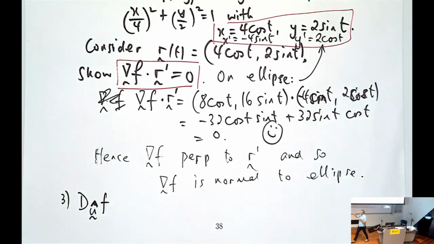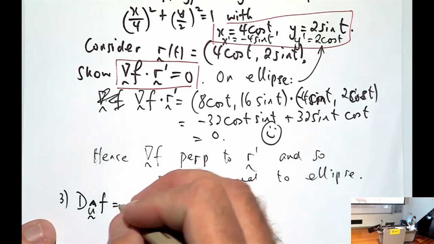The u has a little hat. The u is a vector, and this is just a capital D. It's shorthand notation for the directional derivative of a function in the direction of this vector u. Okay, but what is it?